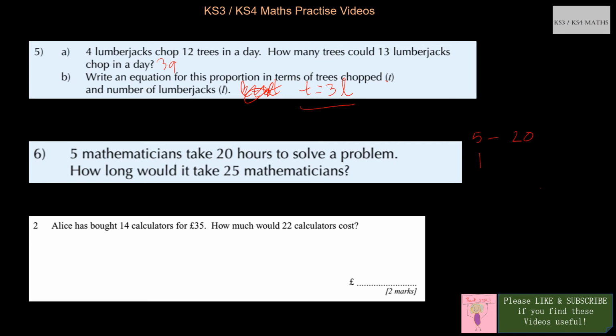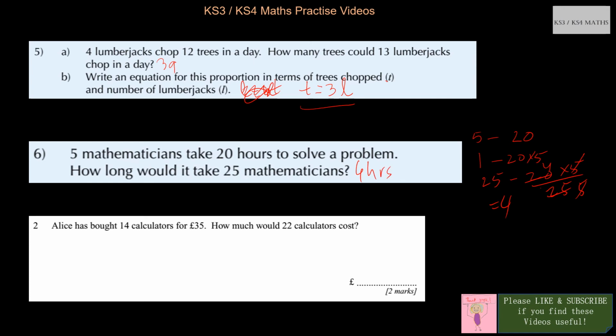If there is only one mathematician, it would take 20 times 5 hours. If there are 25 mathematicians, it would take 20 times 5 divided by 25. That would mean 4 hours, so it would take 4 hours.